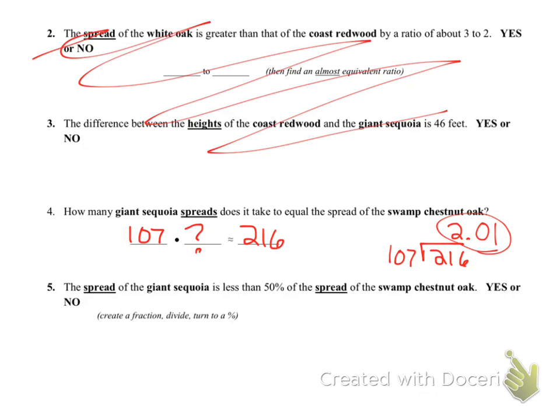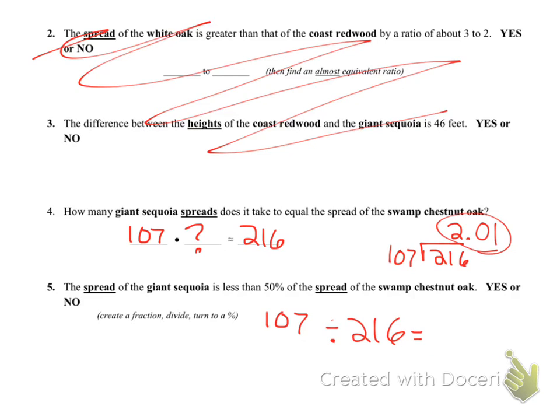So now we have this question. The spread of a giant sequoia is less than 50% the spread of a chestnut oak. Well, we need to create a fraction. Okay? So we take 107 and we divide it by 216.